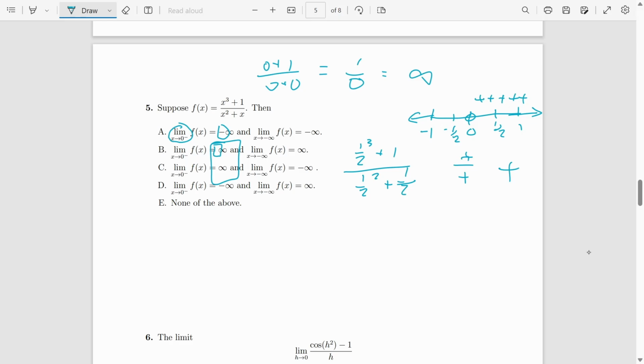And then for the left side, let's do negative. So let's plug in negative in our function. We can do negative a half cubed plus 1 over negative a half squared plus or minus a half. Okay, and then looks like this would be 1 minus an eighth, which is still positive.